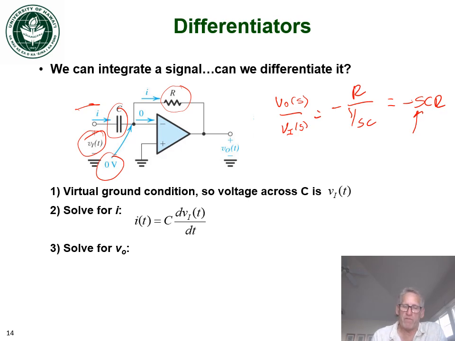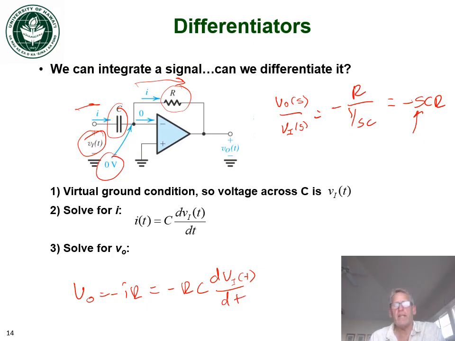And now if we solve for V out, because that's going through a resistor, what we get is that V out is equal to minus IR, so that's equal to minus RC d Vi of t dt. So indeed, this does differentiate our signal. So you can see this differentiation going on here. It differentiates the input signal.